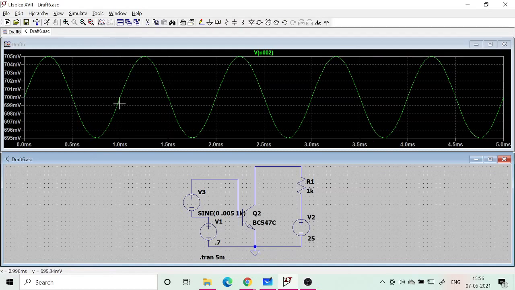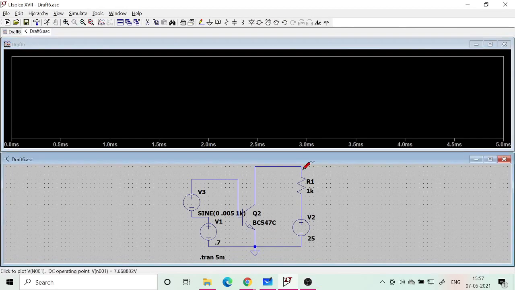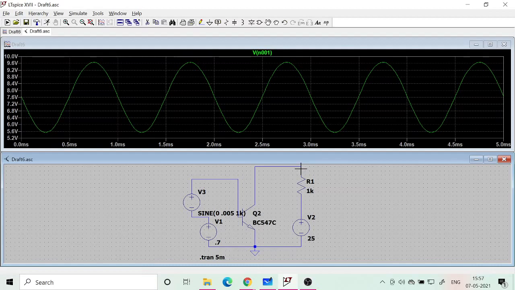So the peak to peak, if I take it as delta V, is 10 millivolt. I'll close this now. Then I am going to find the output voltage. This is where I will take the output. Now it is coming fine with 1K.